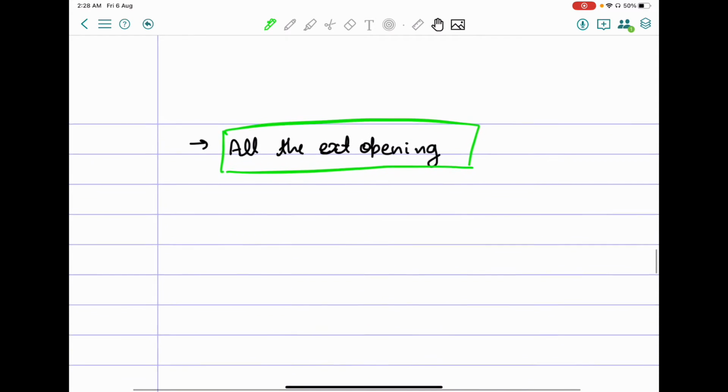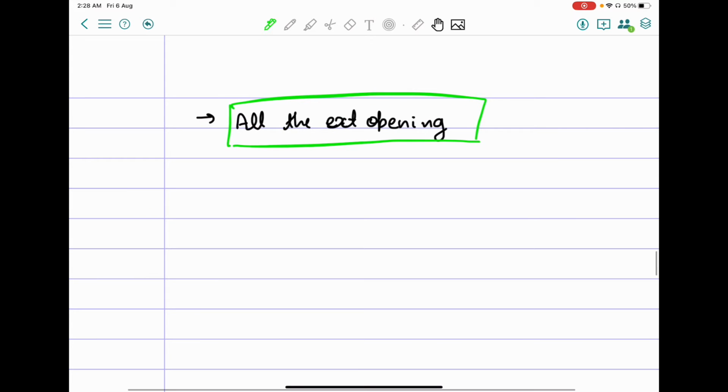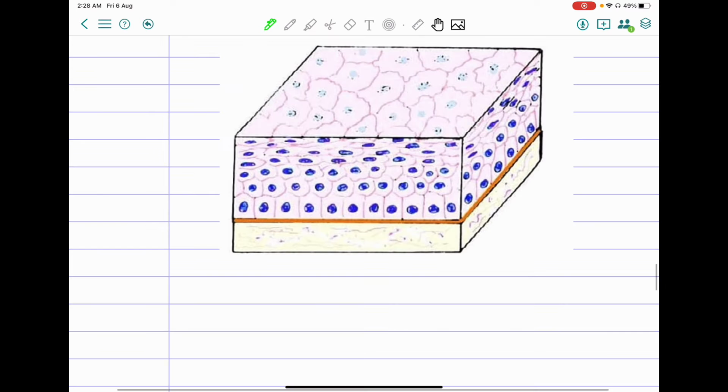It is very important. Okay. So how are we going to differentiate between the squamous, cuboidal, and columnar in stratified? Here we will see it in a diagram.